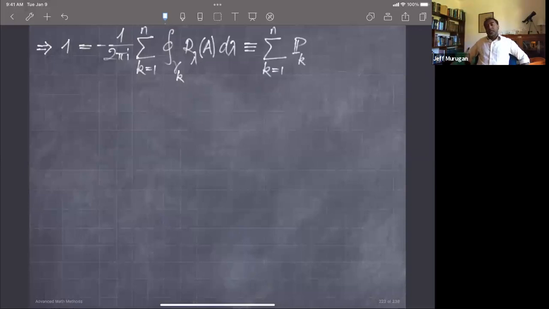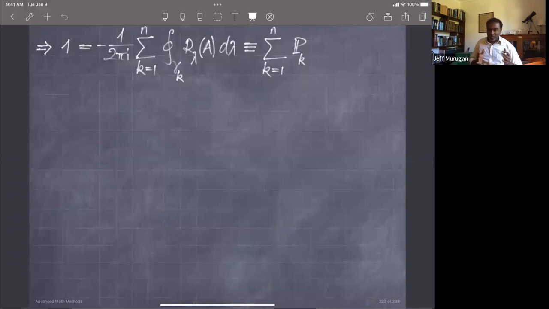And my claim is that, in other words, take a step back. We're writing 1 as the sum from k equals 1 to n of some operators Pk. So P1 plus P2 plus P3 plus P4, etc. If I can show that the set of Pk's form a set of orthogonal projectors, then this gives me a resolution of the identity. In other words, the ability to expand the identity into the sum of these projectors.